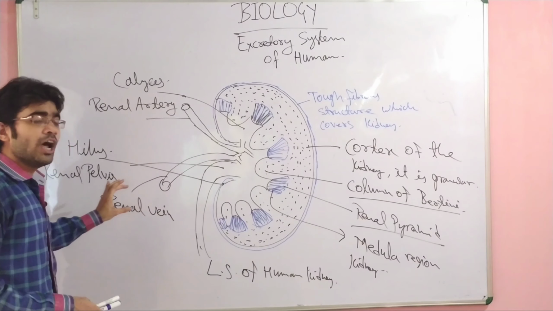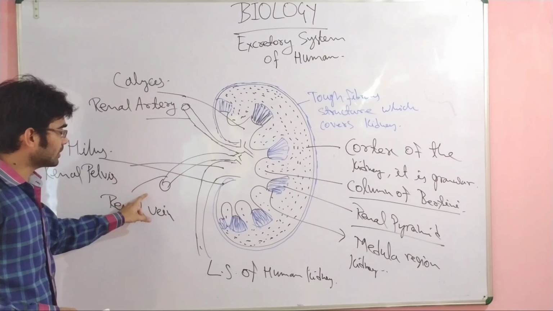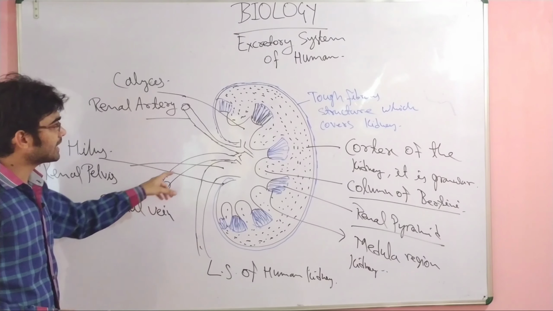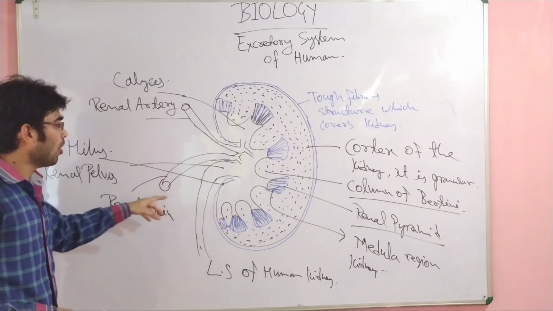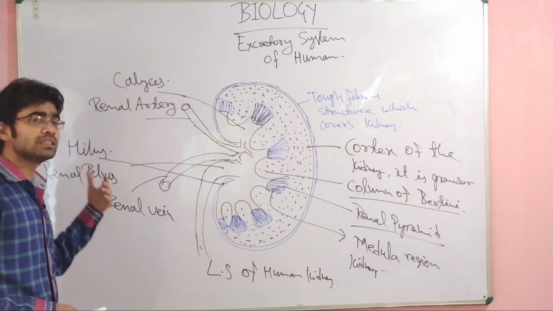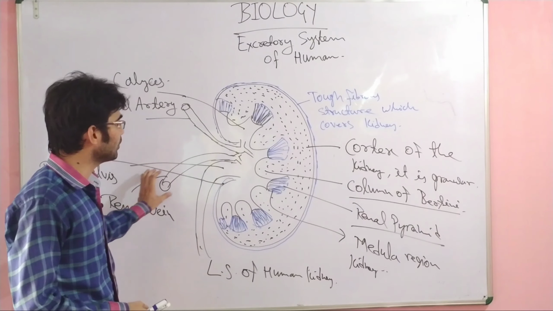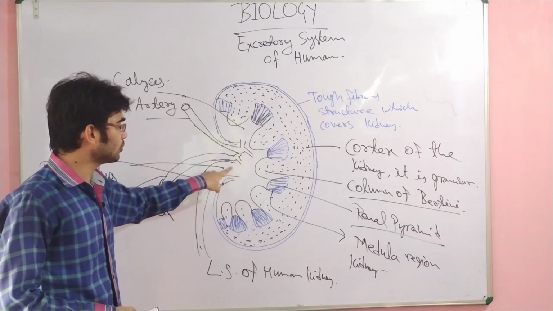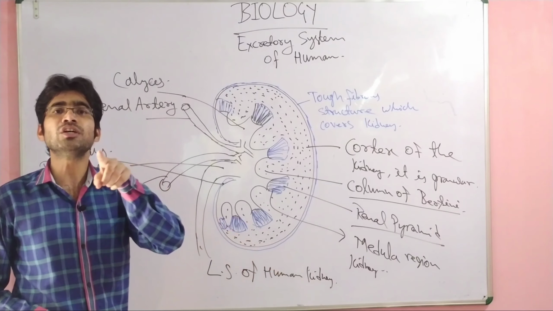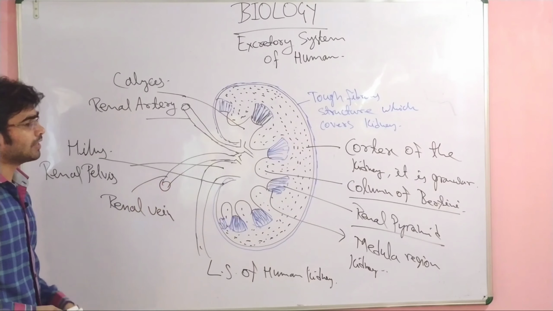In the renal vein urea is very low because filtration of blood is taking place, so obviously the concentration of urea will be less, because the maximum urea is filtered by the kidney and sent through the ureter along with urine. So I hope this structure is clear.